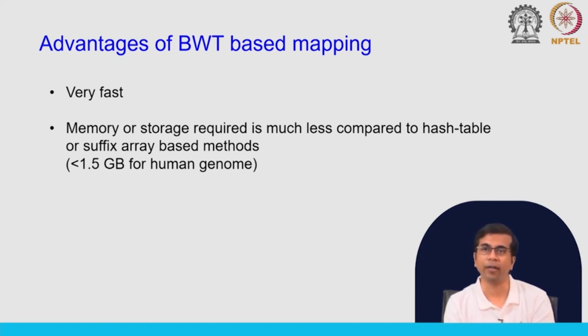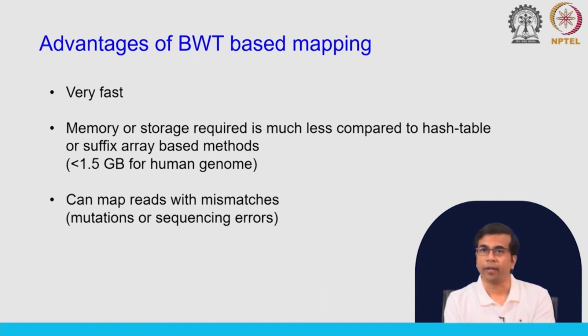Considering the FM index, checkpoints, etc., you can work with only 1.5 GB of memory or RAM. So, it is now possible to run it on your desktop computer. We have seen that if you allow for backtracking, you can map reads with mismatches, which could be mutations or sequencing errors.